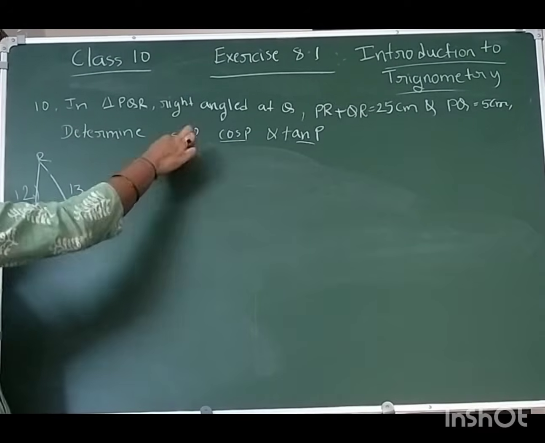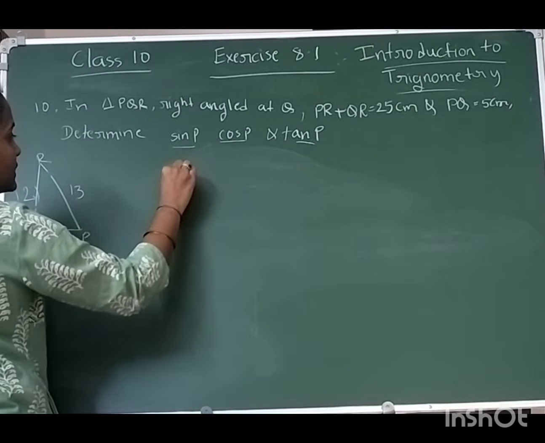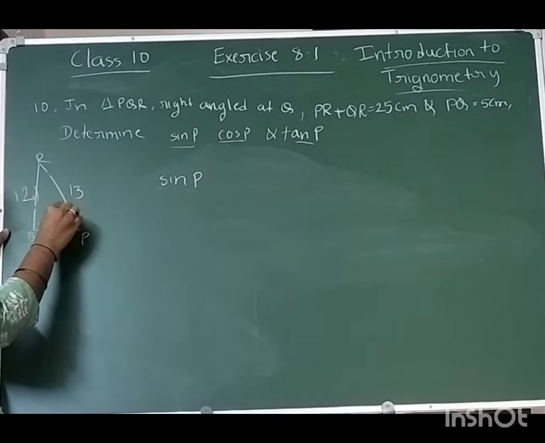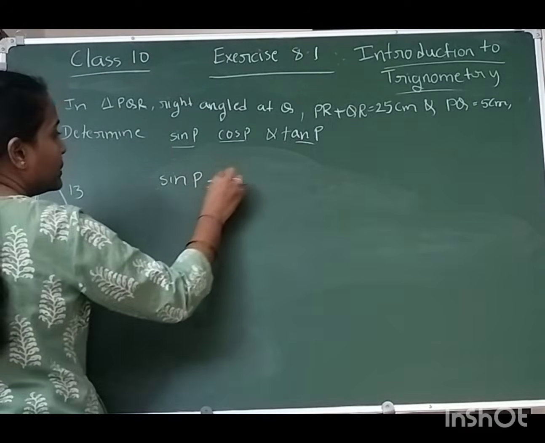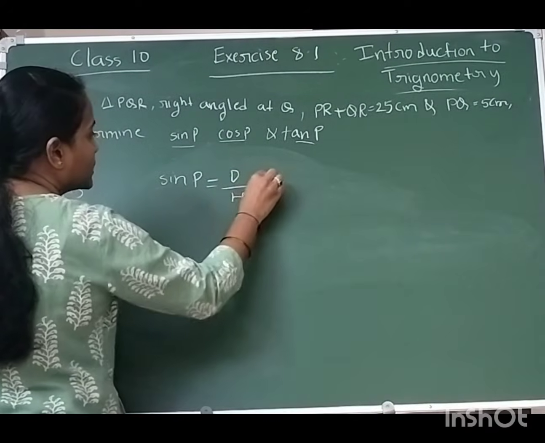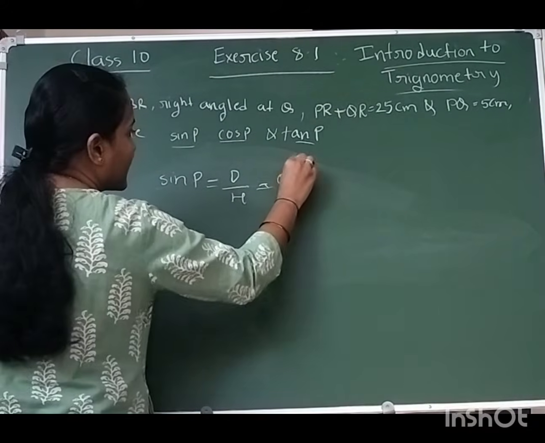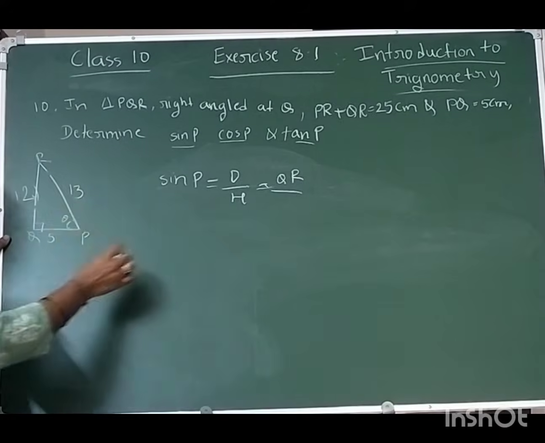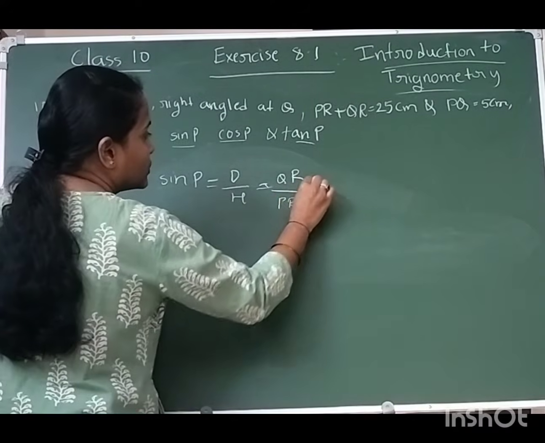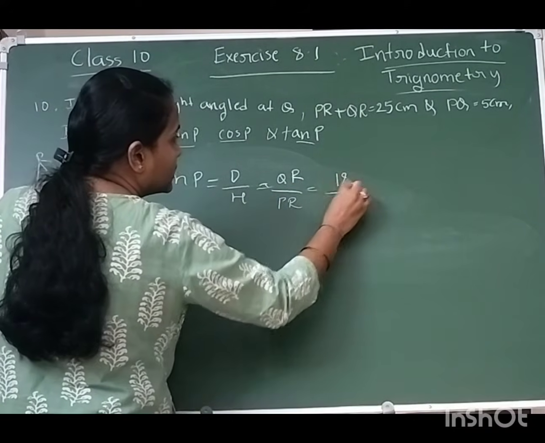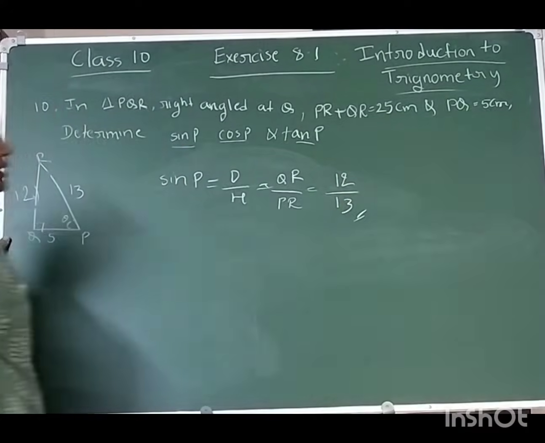So the angle is here, P. So sin P, we know that it is opposite by hypotenuse. Opposite is QR and hypotenuse is PR. The value is 12 by 13.